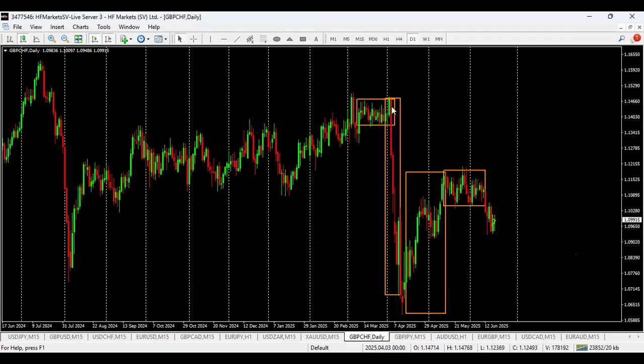So when there is a downtrend like this, what you need to do as a trader is sell at this point and exit down here. Basically, you'll be selling at premium prices and buying at discount prices.